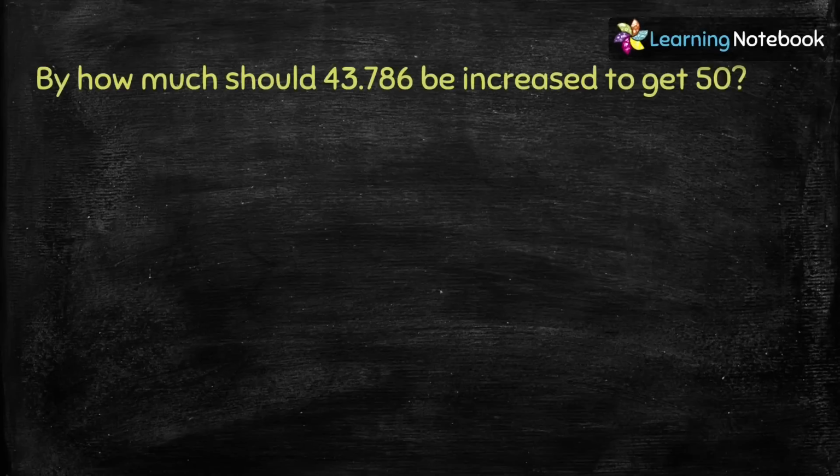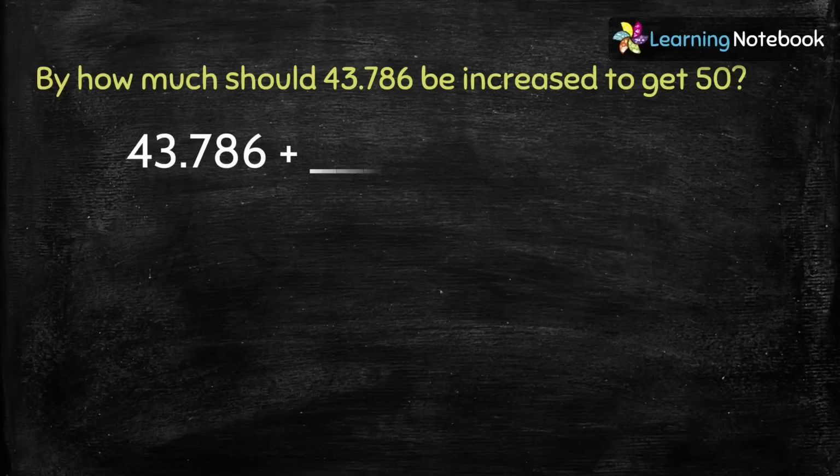Let's see the next question. By how much should 43.786 be increased to get 50? Students, what does this word problem mean? This word problem means 43.786 plus dash equals 50.